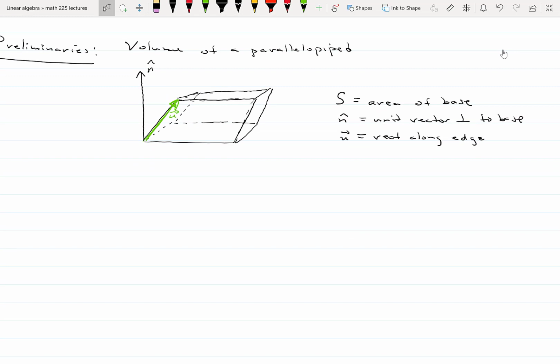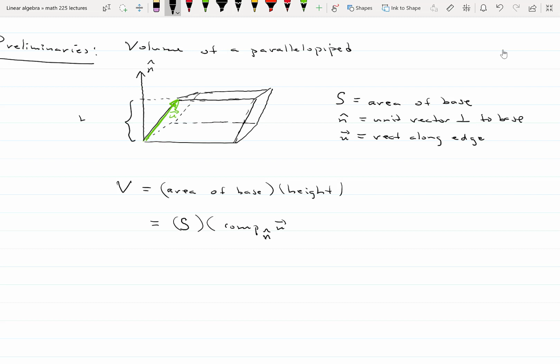Okay, so I want a formula for the volume of a parallelepiped. Not difficult. Volume equals, from geometry, area of the base times the height. Well, the area of the base I said is S. So the height is equal to the component of u in the direction of the normal. You can see that directly.